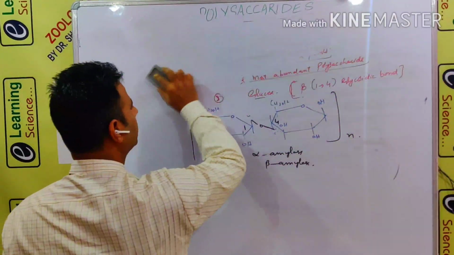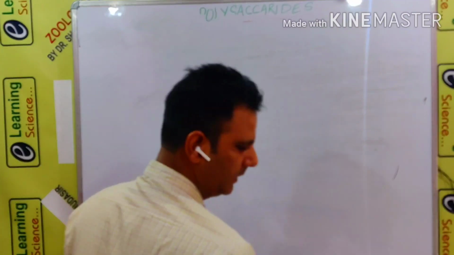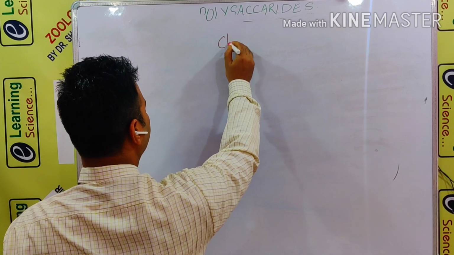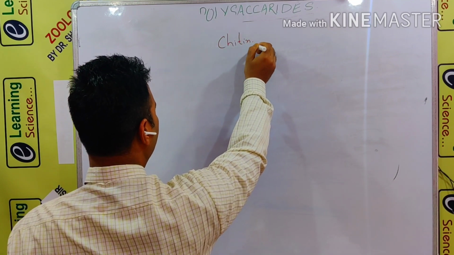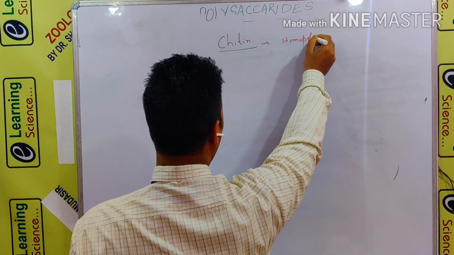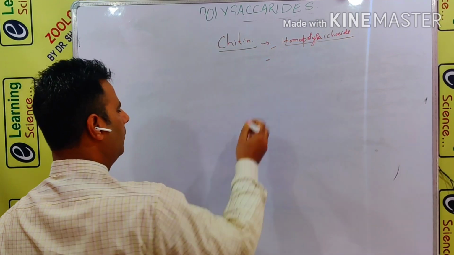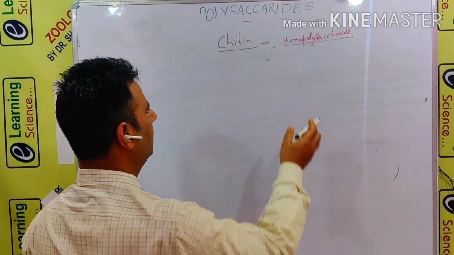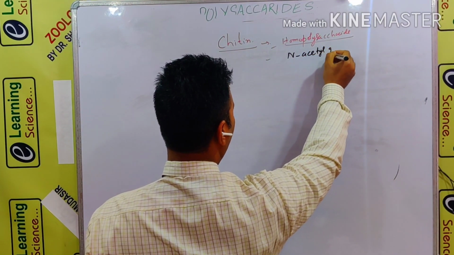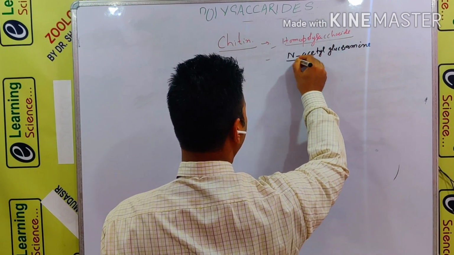After this, we have chitin. Chitin is also a homopolysaccharide. Some people believe it is a heteropolysaccharide, but no, it is a homopolysaccharide. It is made up of monomeric units, and the monomeric unit is N-acetyl glucosamine, a monosaccharide unit.